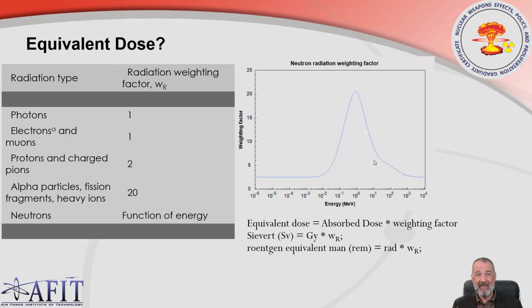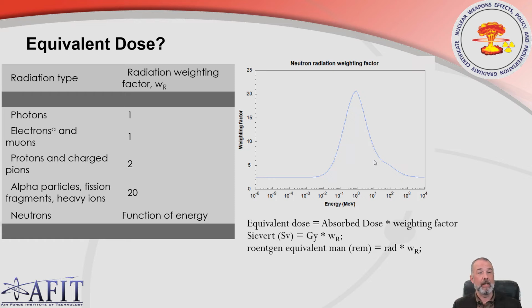Now, when you talk about heavy ions, stuff like alpha particles and even fission fragments, the weighting factor is 20. These things deposit their energy so quickly in such a small volume that they can cause immense amounts of damage through that ionization process, because they go through the material.